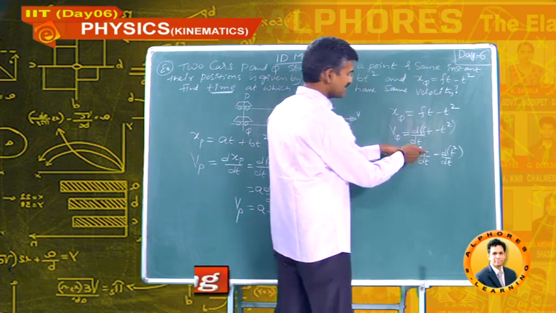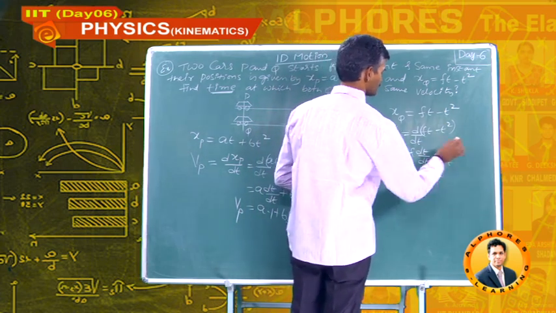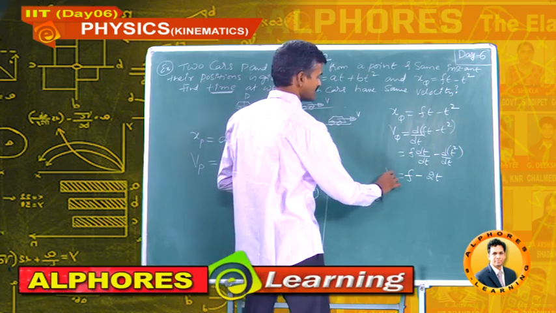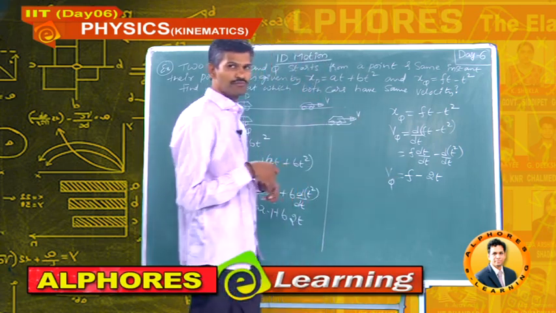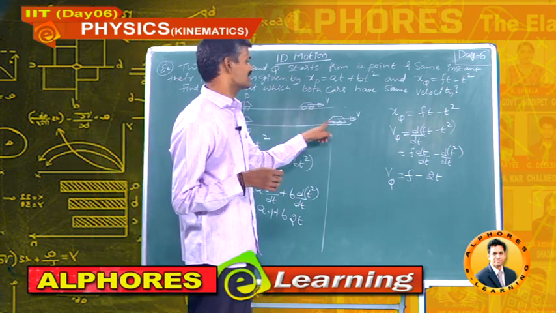We know that d by dt of t is 1, so this is f minus 2t. This is the velocity of Q. This velocity of P and velocity of Q both are same.